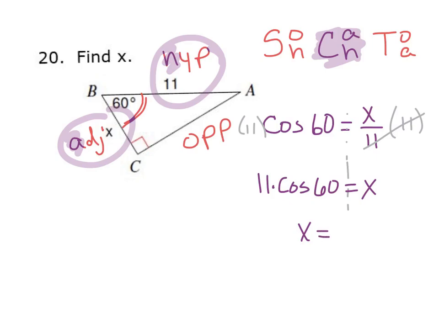X has a value of 5.5. If you chose to go with your special rights, we know that the hypotenuse is represented by 2x. Our short leg, which is across from the 30-degree angle, is x. Half of 11 is 5.5.